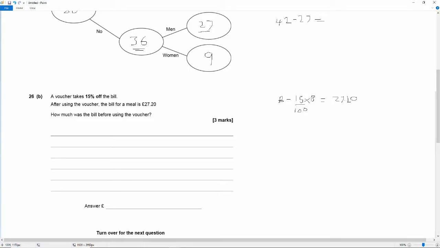Now if I factor out the B, I've got B times 1 minus 15 over 100. We just move the decimal point 2 places to the left, so that's 0.15, is equal to £27.20.